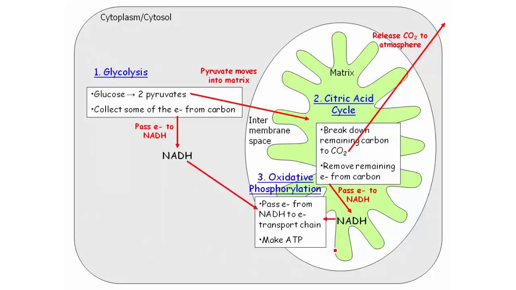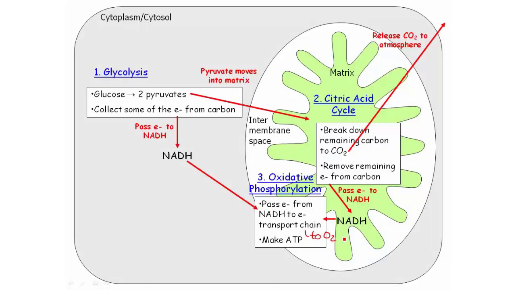The third stage of respiration, the oxidative phosphorylation, will take place on that inner membrane of the mitochondria, and that one is going to utilize those high energy electrons, extract the energy from them, and ultimately pass them to oxygen gas, which then turns into water.